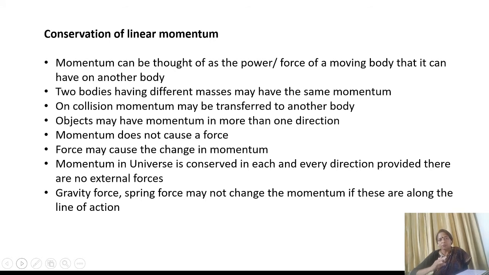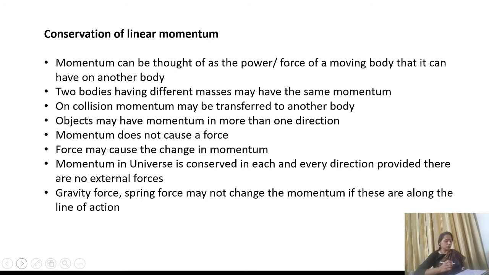If I am saying that both have the same momentum, but different masses, one heavier than the other, it simply means that the velocity of the heavier ball, that means the bowling ball, will be less than the velocity of the baseball.